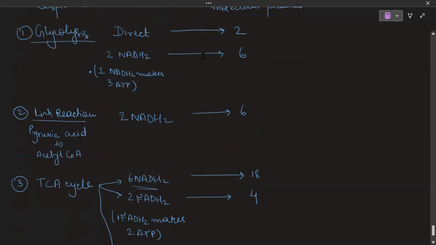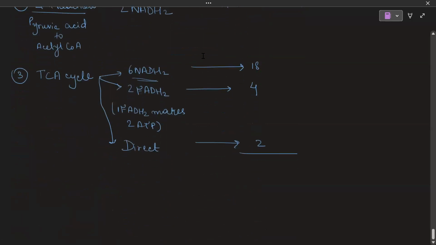Can you scroll a bit? What is direct? Direct is not through NADH, but direct ATP synthesis, meaning when ADP turns into ATP. So 36? 38? How 36? Oh, you're adding the direct one too. Okay, ATPs are ATPs.